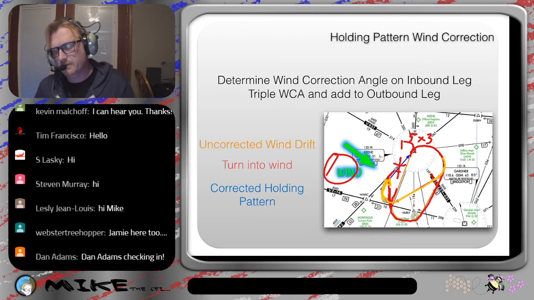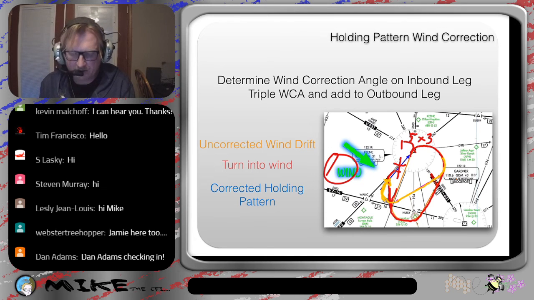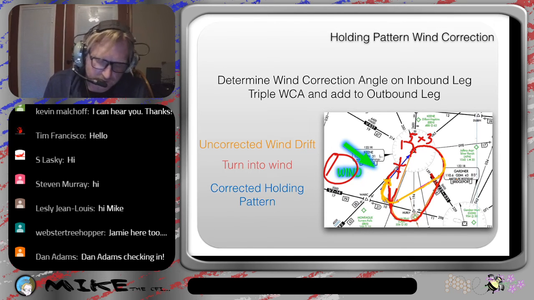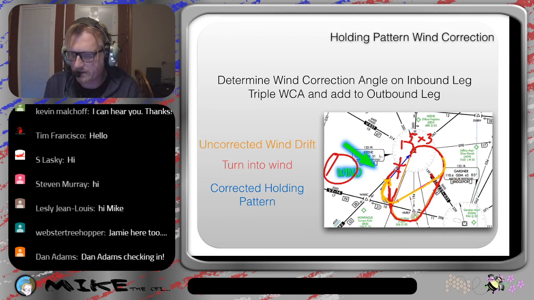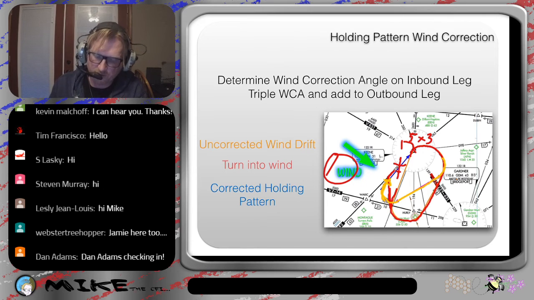Knowing where the winds aloft are while you're flying is extremely useful because, as I talk about, sometimes if the winds are really strong, you could get blown so far off course.